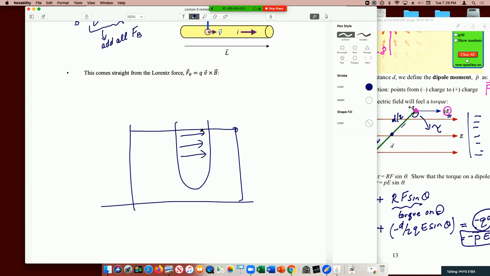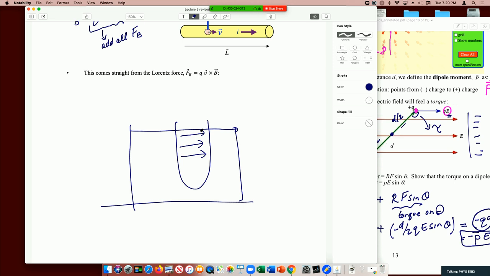This is the north side of the magnet, and this is the south side. This is a very, very strong U magnet, so this is the north pole, the pink side, and this is the south pole.